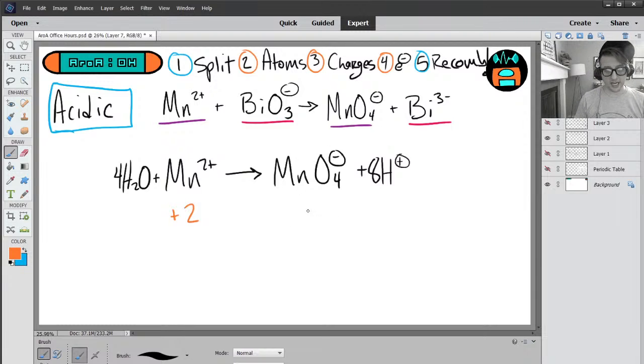On the product side, we have a -1 from permanganate and 8 +1s from our hydronium ions. So the reactant side has a total charge of +2, but the product side has a total charge of +7. We need these two sides to be equal to each other.